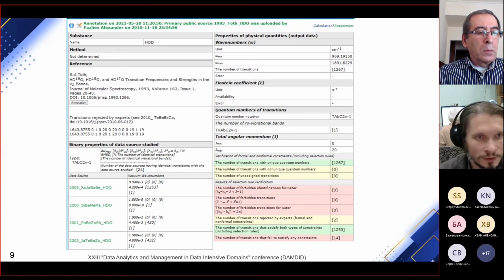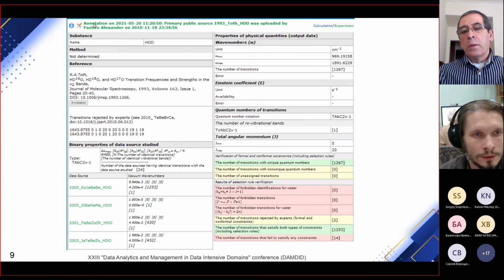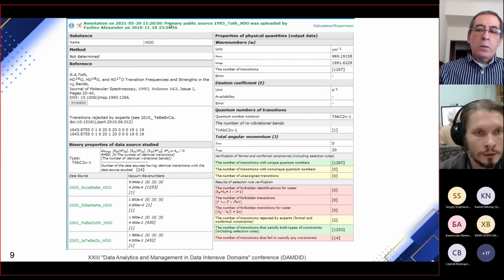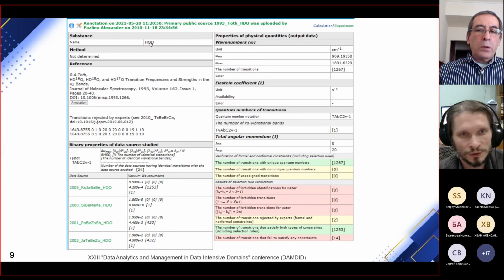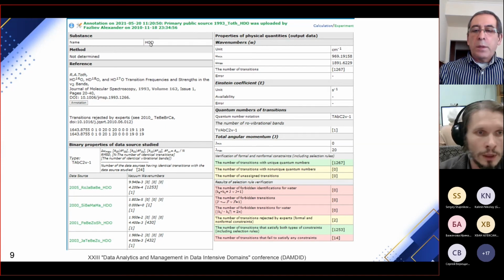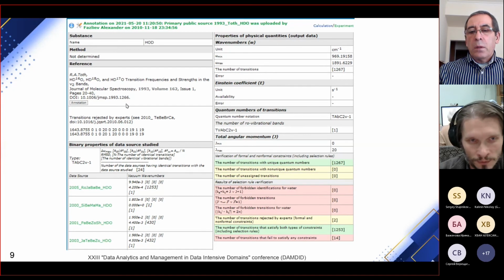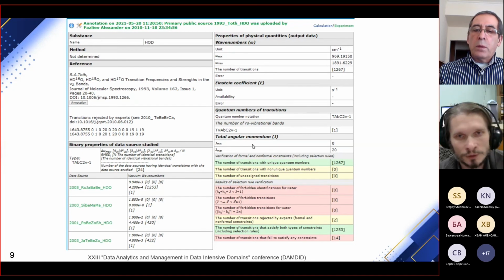As you can see, there is a substance for which this data set is uploaded by bibliographic reference, and sets of unary and binary properties of this data source.